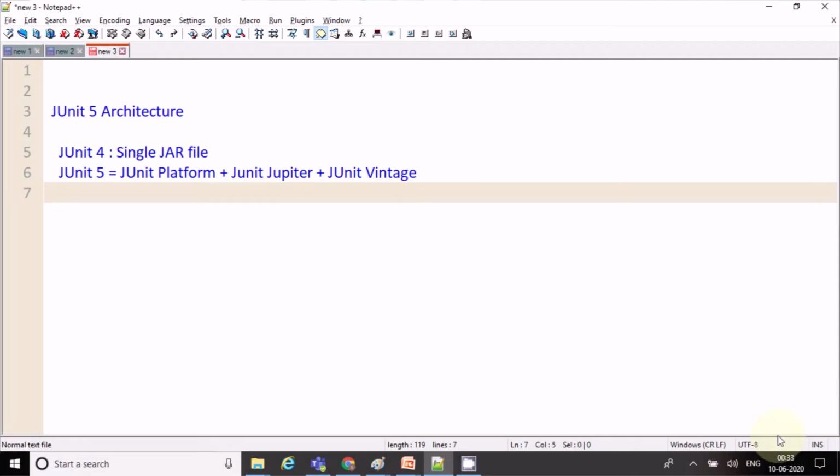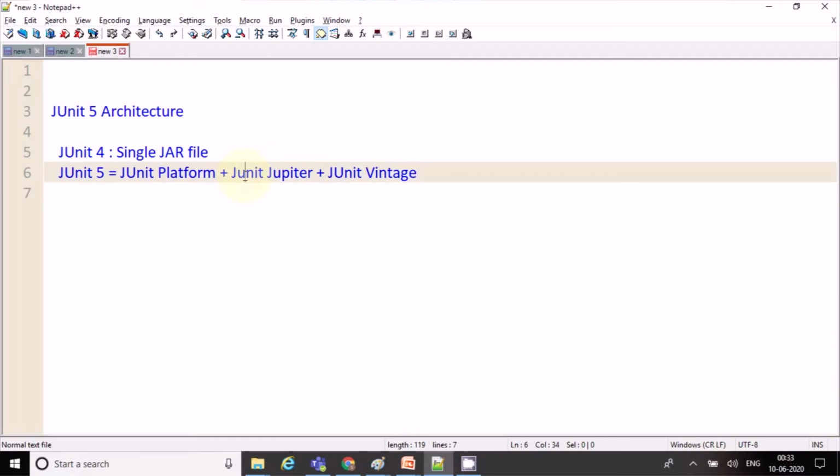And what is JUnit Jupiter? Before discussing JUnit Jupiter, why did they name it Jupiter? Jupiter is the fifth planet in the planetary system, and it's the largest one.